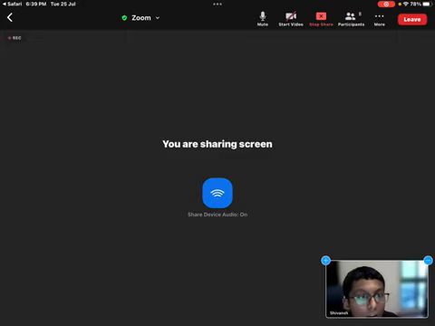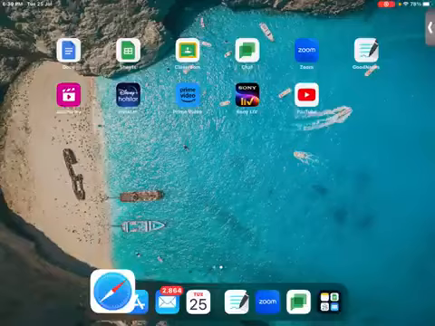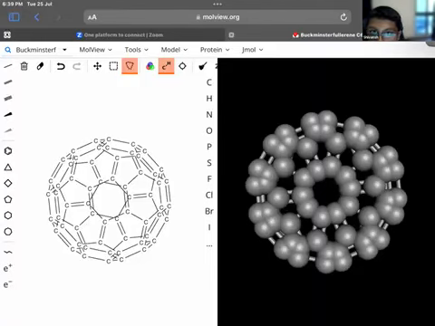Are you able to see my screen? So it's sphere shaped. I Googled this and it's coming sphere shaped. I also googled it, and it is showing planar.